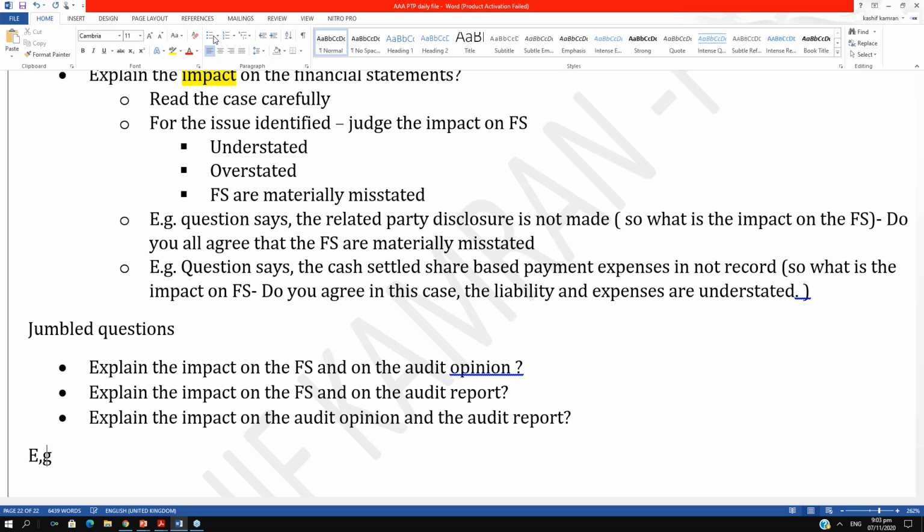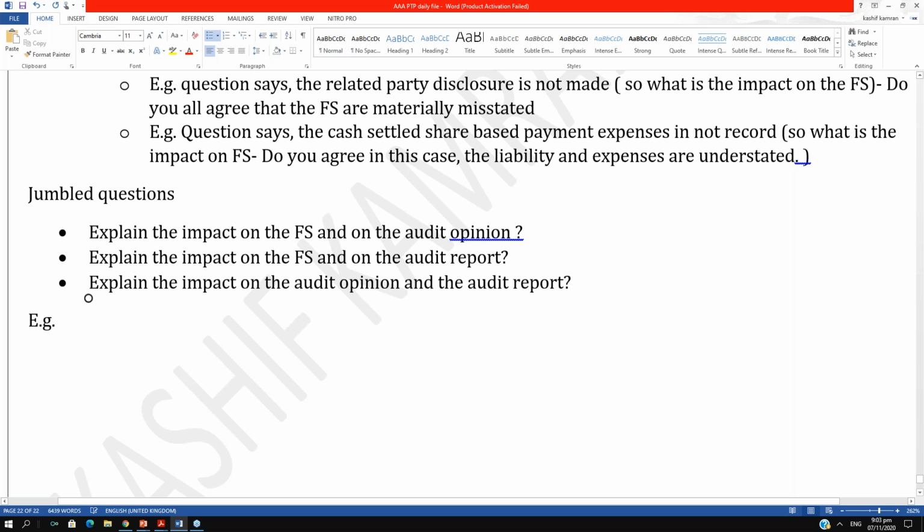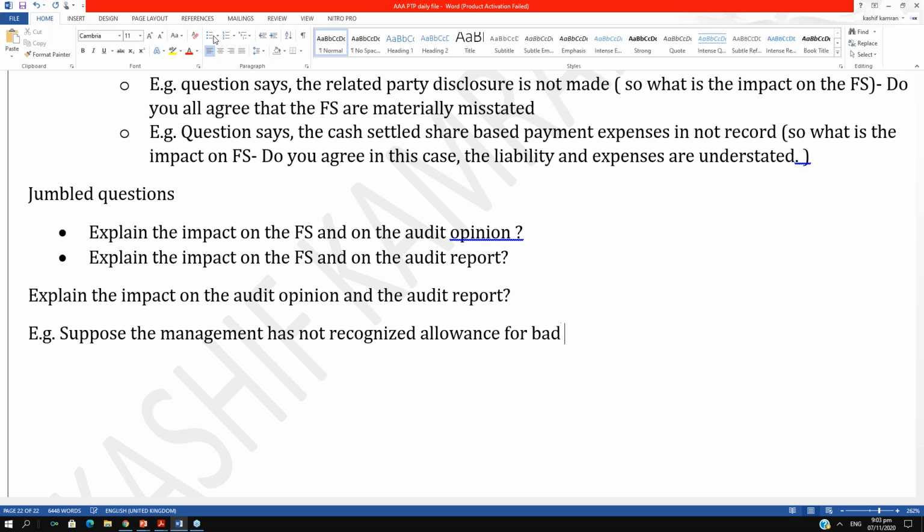Take an example of this third one carefully. Suppose the management has not recognized the allowance for bad debts, which, according to the auditor, should be $5 million.